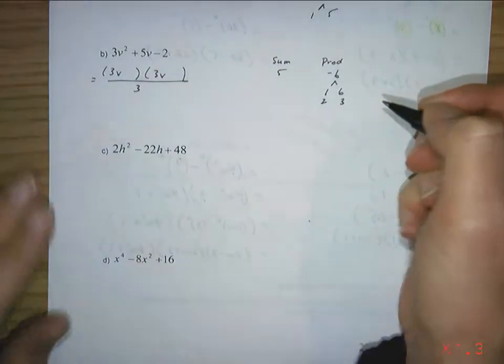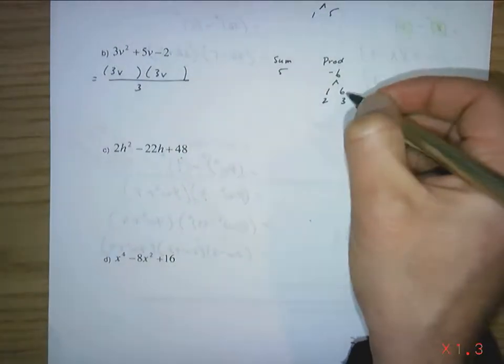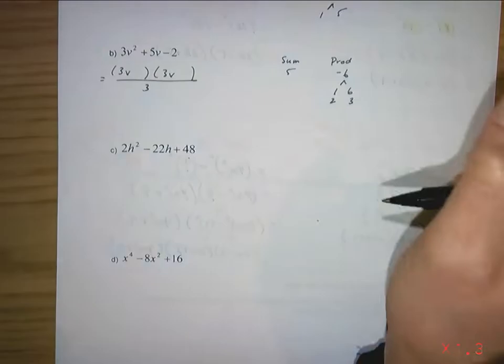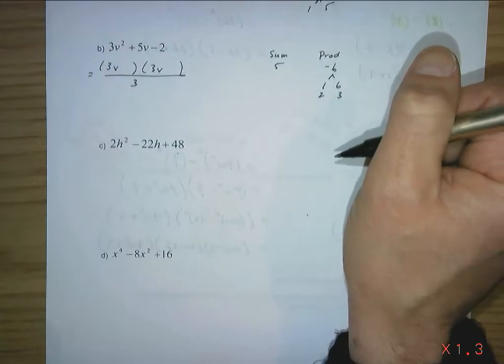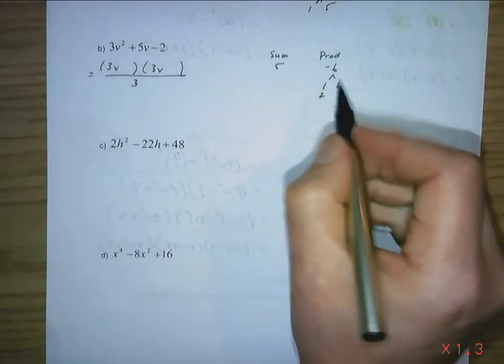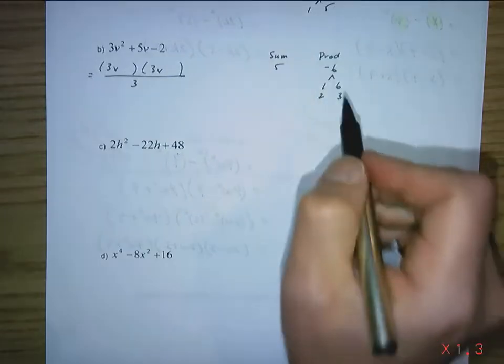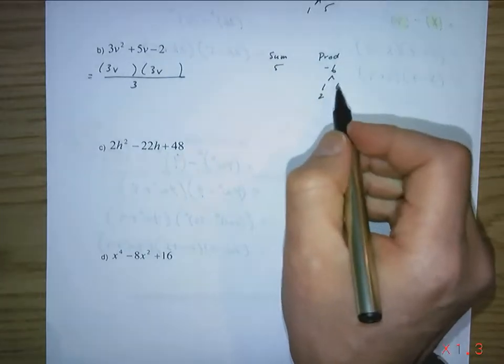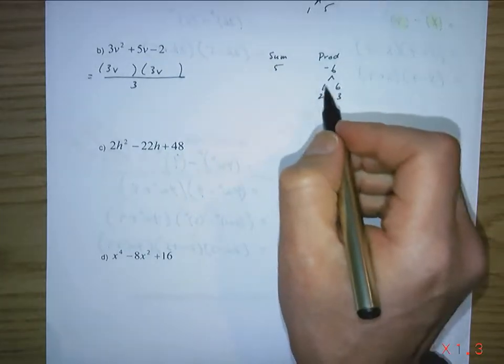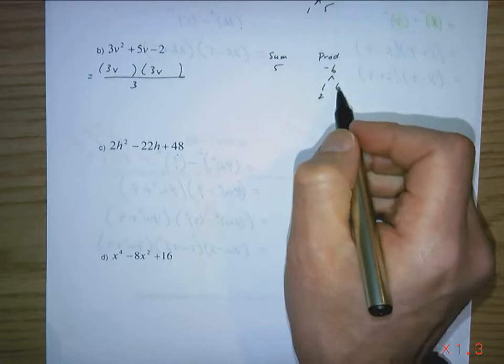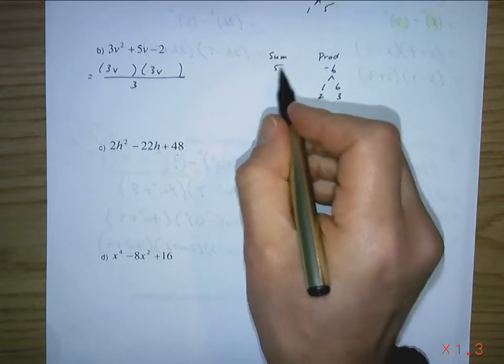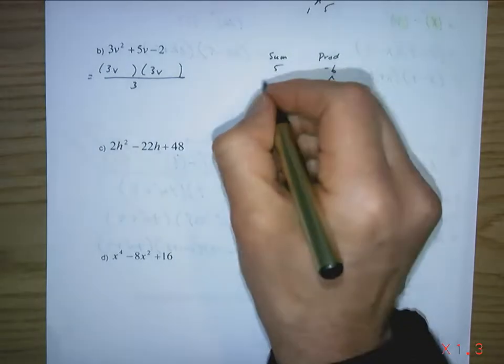This gets tricky because both 1 and 6 and 2 and 3 will give 5. However, only one of them will work. For me to get a positive 5, I could have a negative 1 and a positive 6, and then they would add together to give me positive 5. I got it.